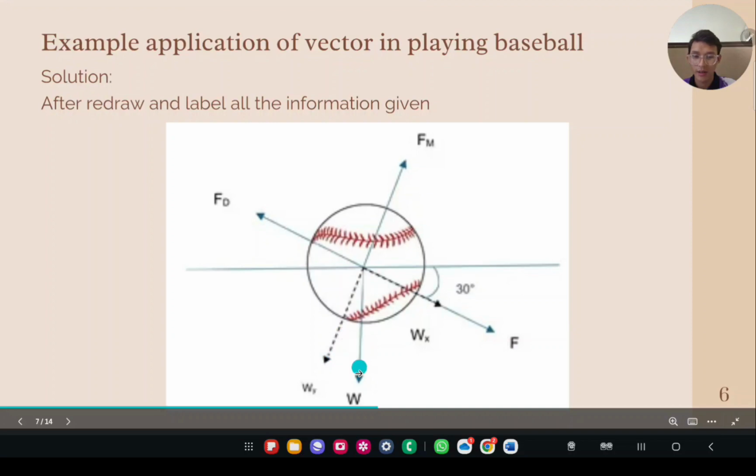So the equation of W is mg. In the equation of weight, we have gravity force and mass.